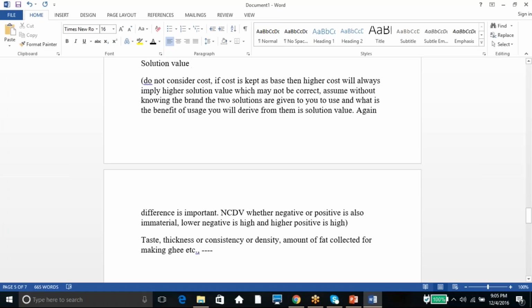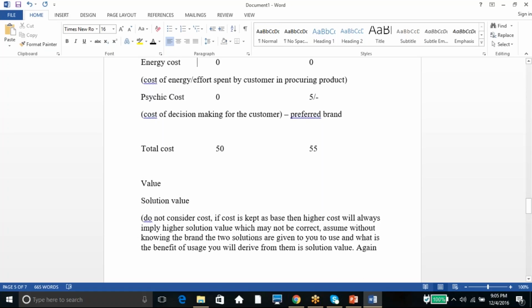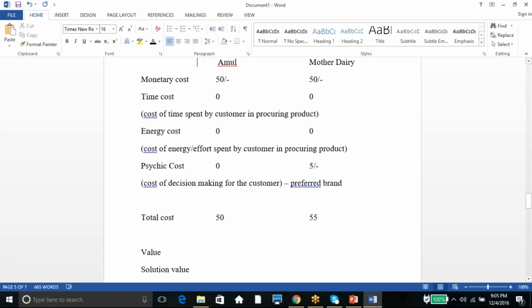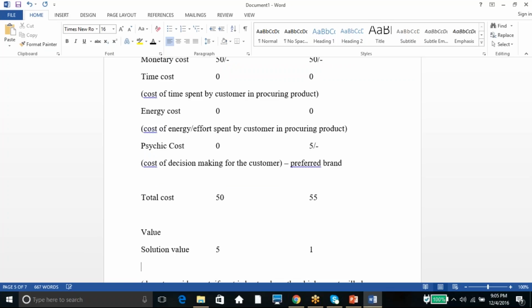Now, assuming that over a period of time you have used a particular solution more than the other, there is likely to be some more value you are seeing, for reason of taste or whatever. So let's say we put this as 5 and we put this as 1. So there's a difference of 4, right?